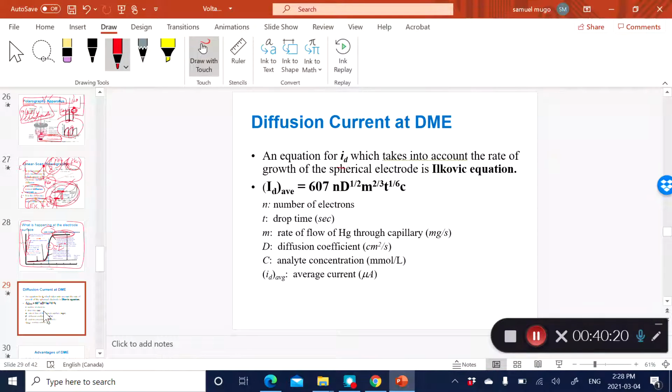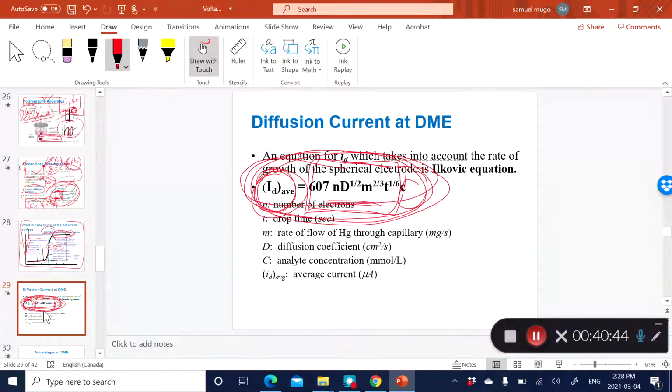Now, with the dropping mercury electrode, they developed another relationship, for the limiting current or the diffusion current, being proportional to concentration, based on these constants. And of course, the reason for this is you're dealing with a liquid being an electrode.